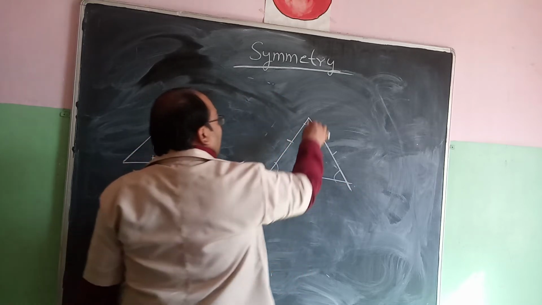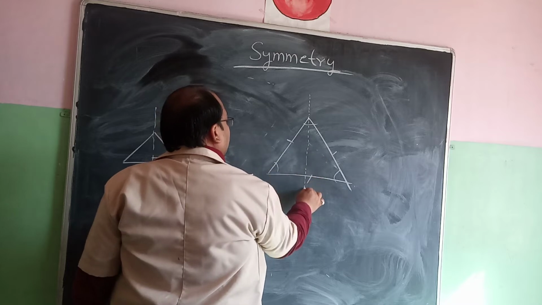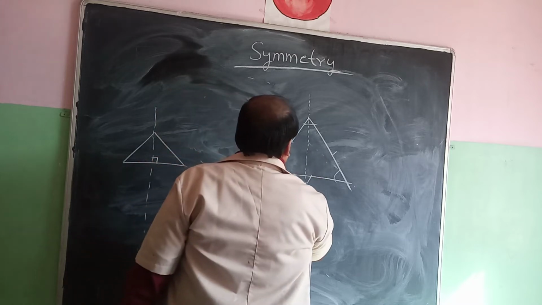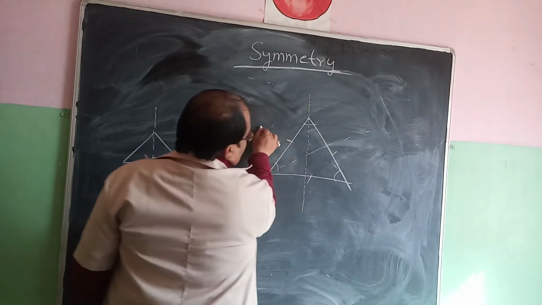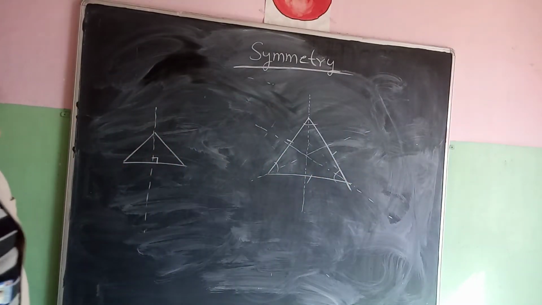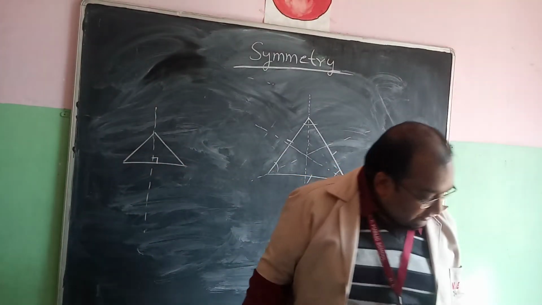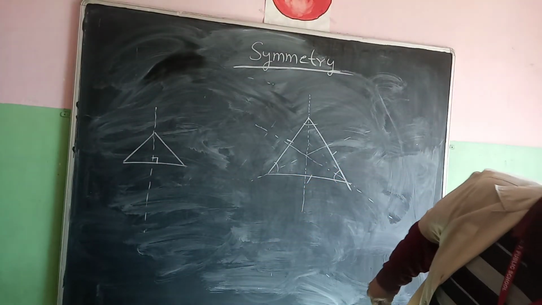So in this figure, lines passing through the angle bisector, median or altitude from all the vertices, there will be 3 lines of symmetry. This is a very symmetrical figure. So the answer of this question is 3, option D.